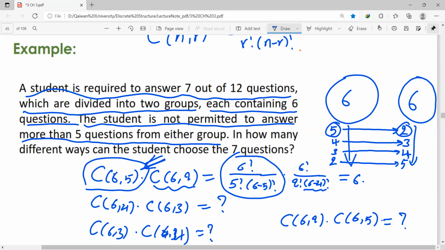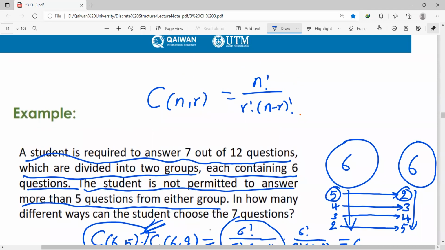In the denominator, we have 2 factorial times 2 factorial. Each one is 2 times 1, so the result is 4 here. This 4 with this one cancel out.